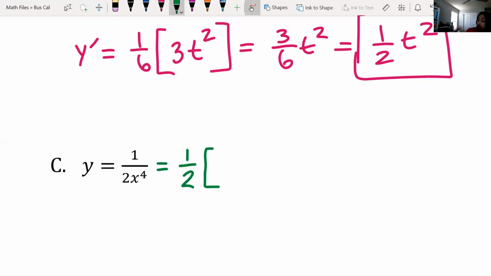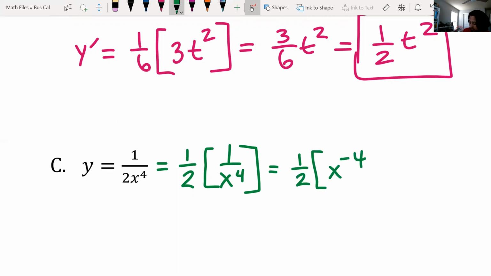And what this is going to leave me with is 1 over x to the 4th, which now we get to rewrite by using the negative exponent rule that we saw earlier today. So if I rewrite this, I get 1/2 x to the negative 4, which means we are now in the proper form to use the power rule derivative.